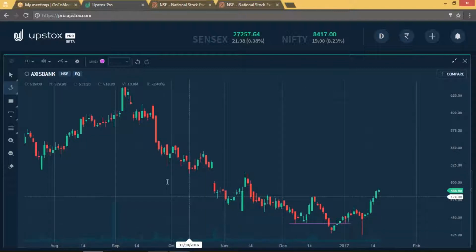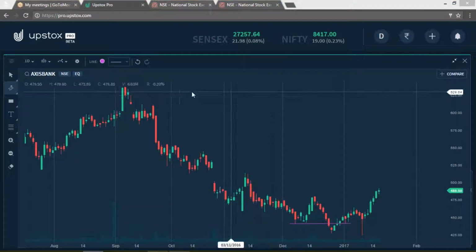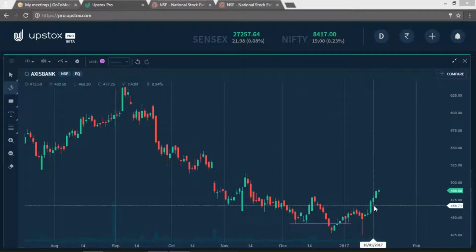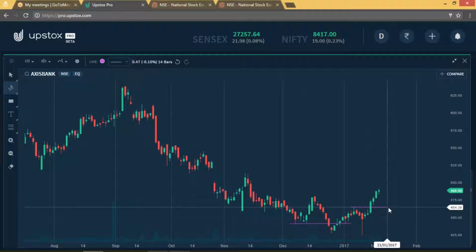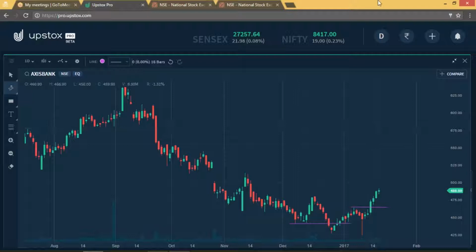Tomorrow is the result of Axis; Federal and Axis are in a boom now for a few days. It looks like it's bottoming out. After a downtrend, it has been sideways for some time and looks like it has already done a breakout, which is not a fake breakout since it's going up. Unless we see a close below this, but doubtful.